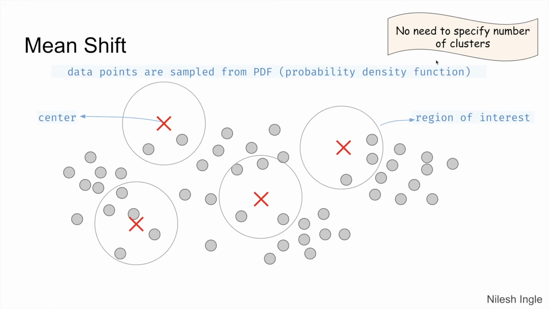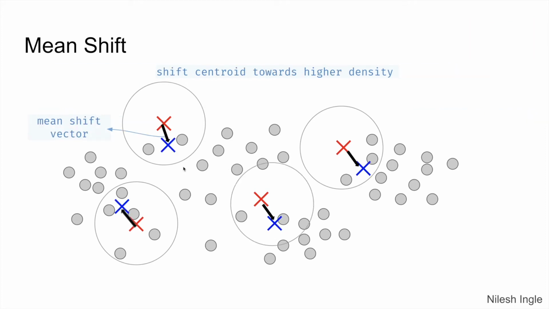4 centers, so with the area region of interest around it, and with this the idea then is to find the mean shift vector to shift the center towards a higher density of data points, and this is the iterative process.